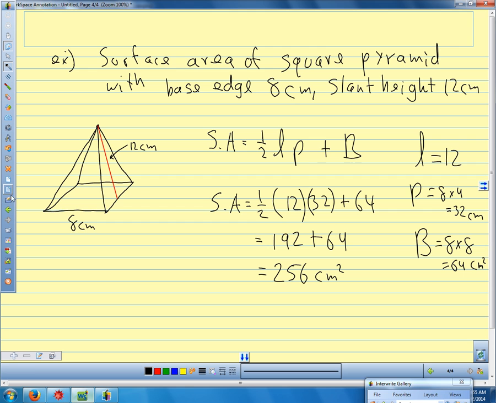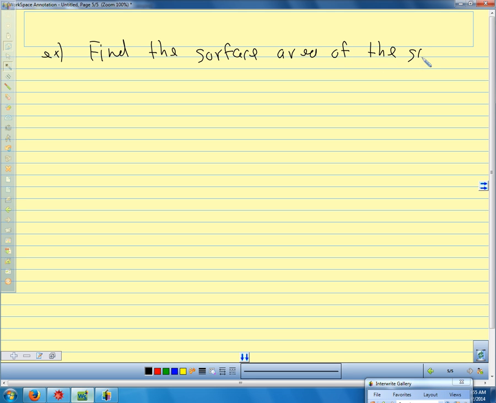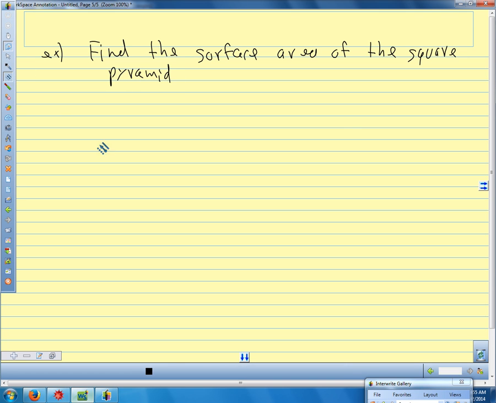Let's take a look at another one. This one we'll do a square pyramid again. This time we do have a picture. So here's our picture for this problem. Square pyramid.